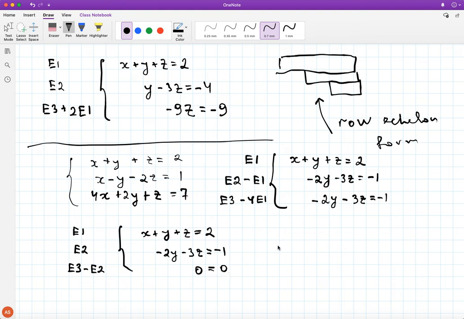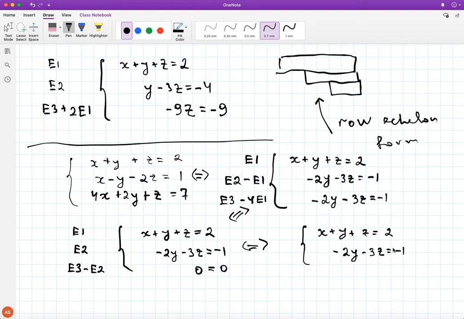And so we can drop it altogether from our system. And we obtain a system of only 2 linear equations, which is equivalent to the original system in the sense that the original system and the system that we just obtained have exactly the same solutions.